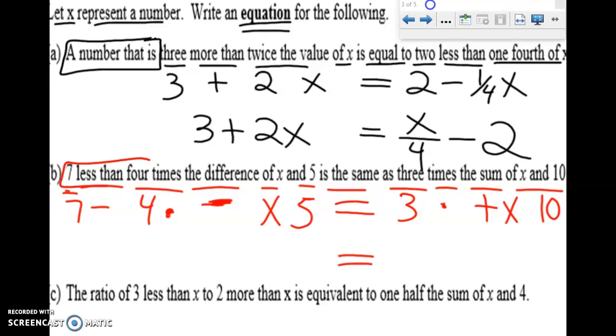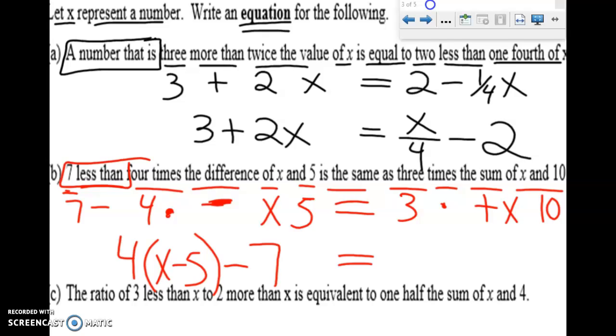Whenever we see this less than, probably hold off on that. 4 times the difference is going to be 4 times x minus 5. But if I'm going to multiply that whole subtraction problem by 4, I need to put it in parentheses. 4 times the difference, 4 times the subtraction problem. Now I can come back and do less 7, so minus 7. And that's it. Left side is done.